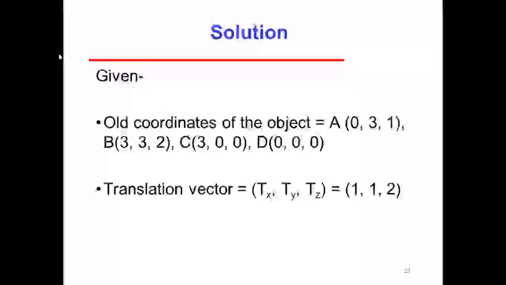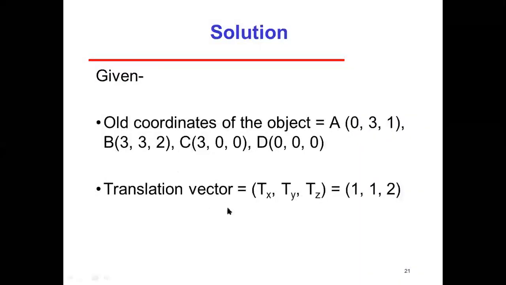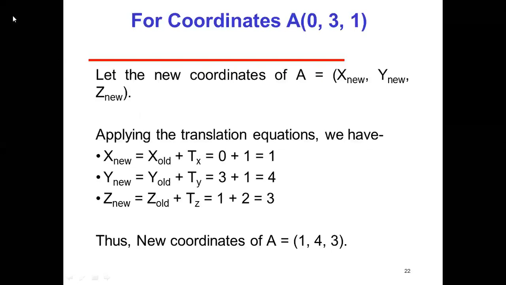We are choosing the same problem. The initial coordinates of vertices A, B, C, D are already mentioned, and the translation vector Tx, Ty, Tz is already given as 1, 1, 2.